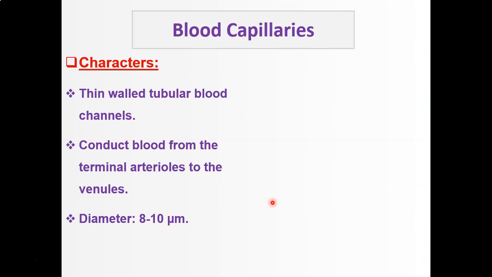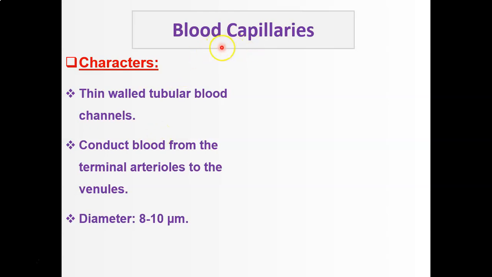Last item today is the types of capillary. The capillary is characterized by being thin-walled tubular blood channels. It is the site of gaseous exchange, nutrient exchange. It is the site where all nutrition and gases pass to the cells.